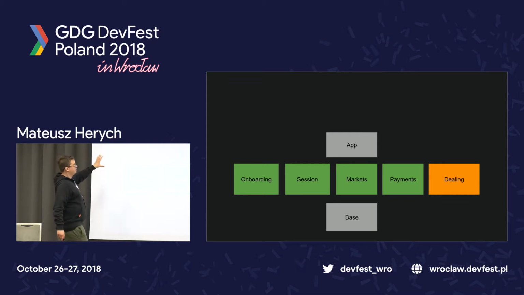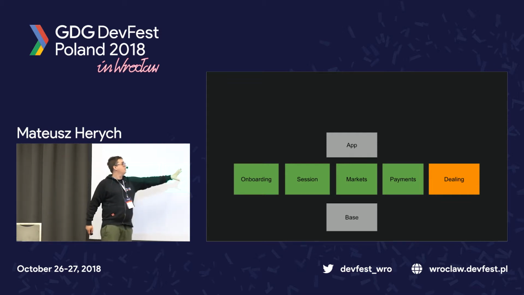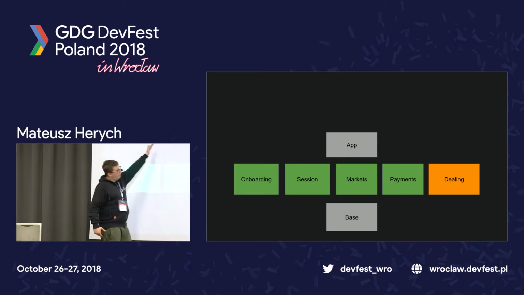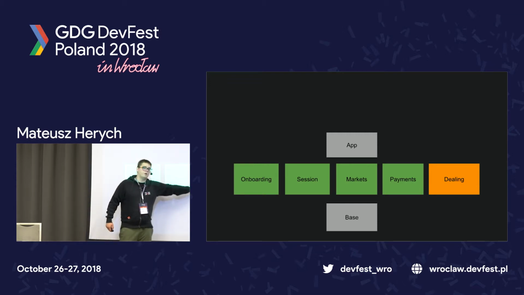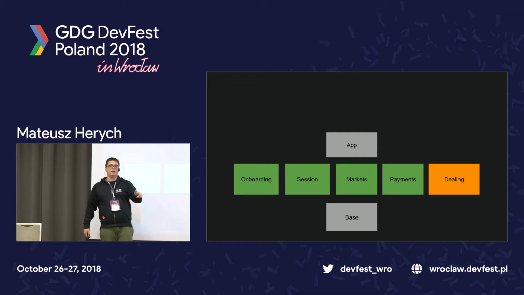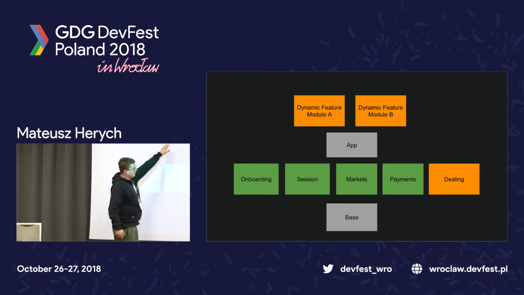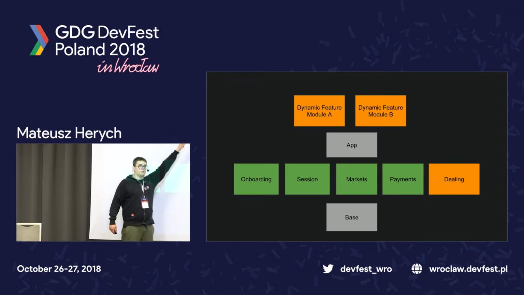So this is our structure, and using the dynamic feature modules naming convention, this whole bit is our base APK. This whole bit is something that our users will download from Google Play when they press install. Then nothing stops you from building the dynamic feature modules on top of this.